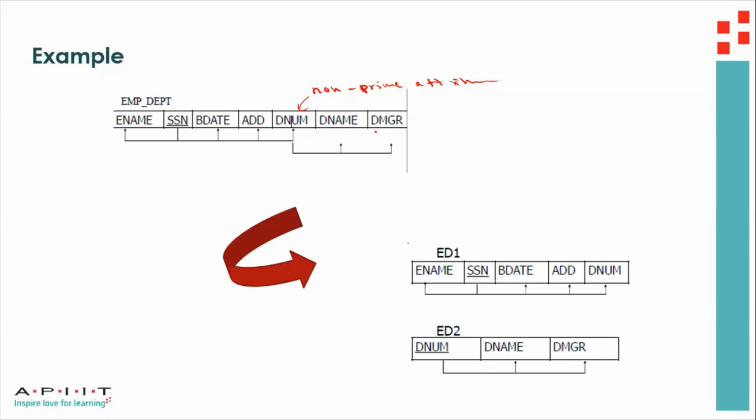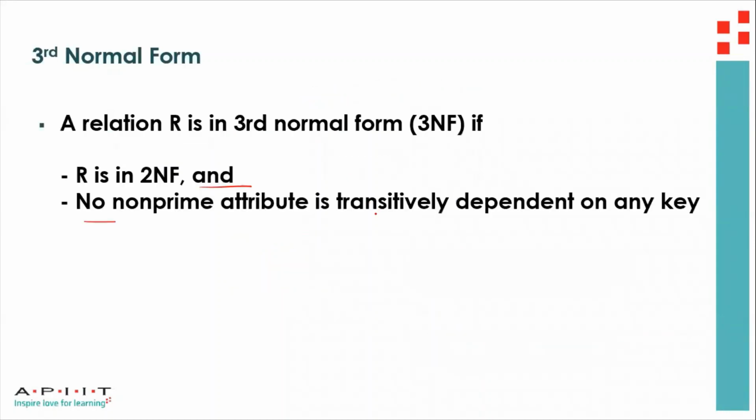So non-prime attributes are depending on another non-prime attribute. These dependencies are known as transitive dependencies. That's the name: transitive dependency.